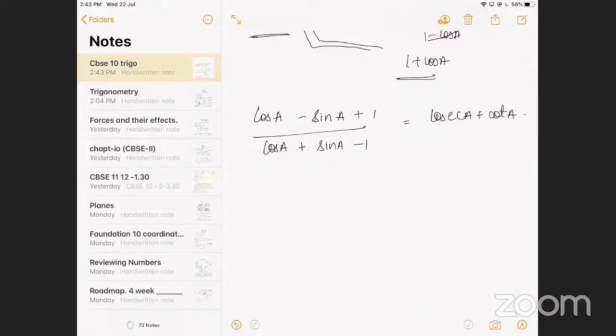Yes, sir. Okay, let's do one thing. Can I take minus common from this, which will become plus sin A minus 1 divided by cos A plus sin A minus 1? Can I write like this? Yes, sir.